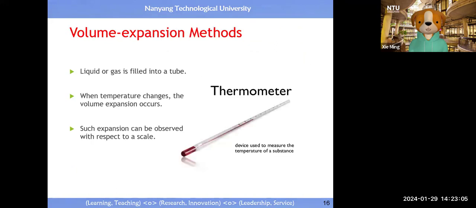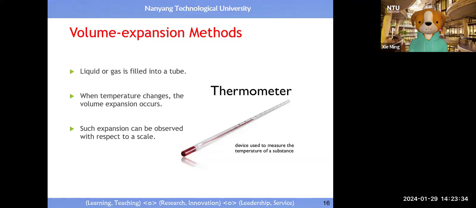So, for example, the volume expansion method. I guess this product is familiar to all of you in the medical field. You can buy this thermometer very cheaply from the shop, right? Then you can easily monitor body temperature. Inside you will see we have a liquid. So when the temperature changes with volume expansion, the liquid will move inside the tube.